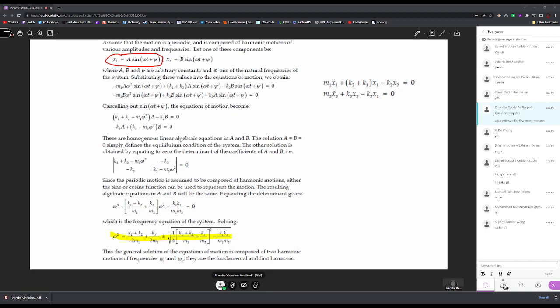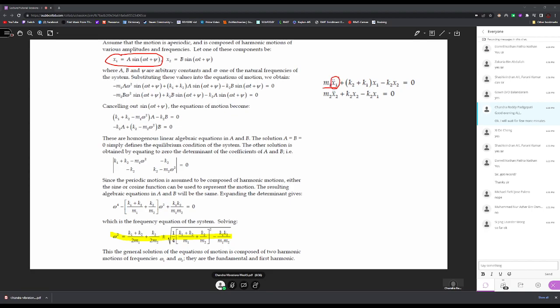Now we know the equations for mass 1. Then what we do is take the derivative of x1 to get x1 dot, and then x1 double dot. So we differentiate this 2 times and replace x1 double dot.